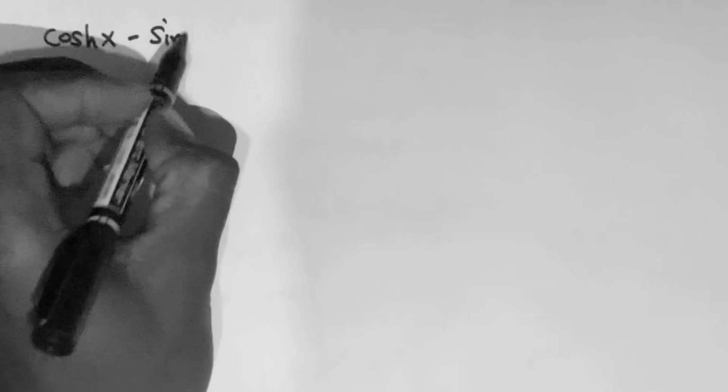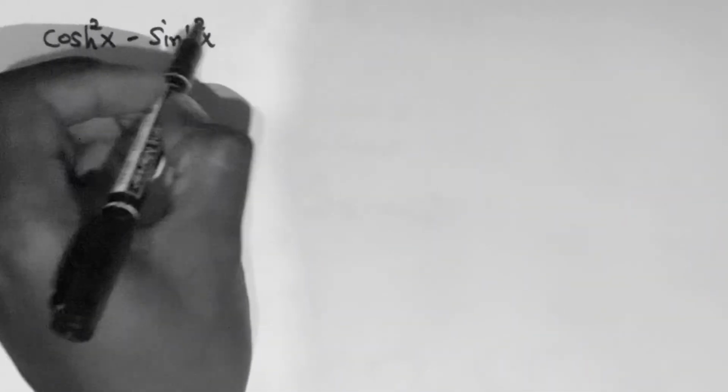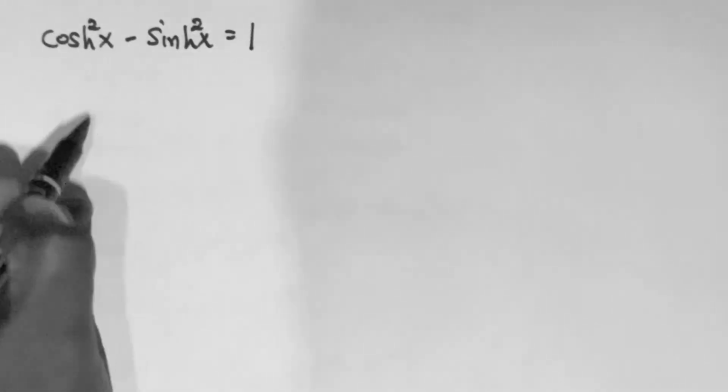We have already established that hyperbolic cosh squared x minus hyperbolic sinh squared x is equal to 1.